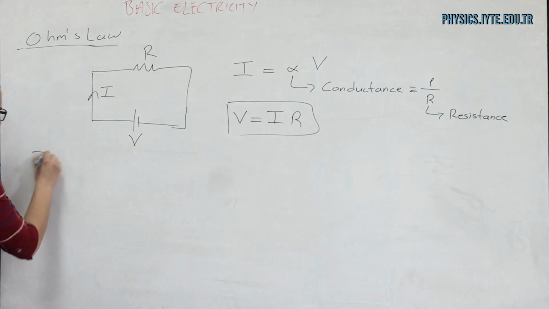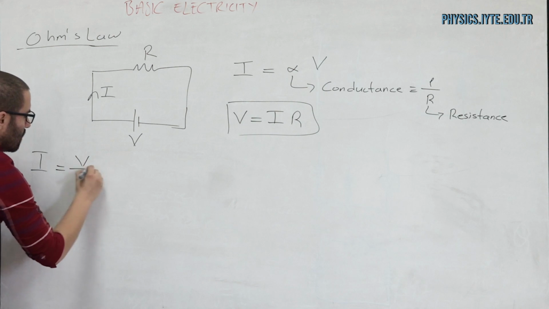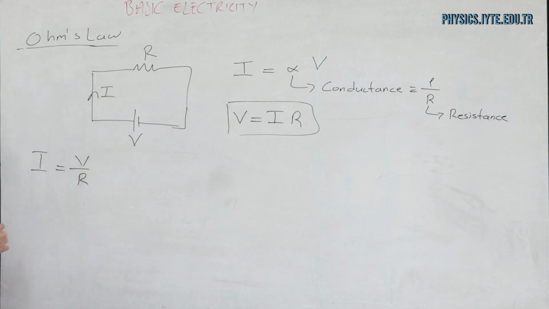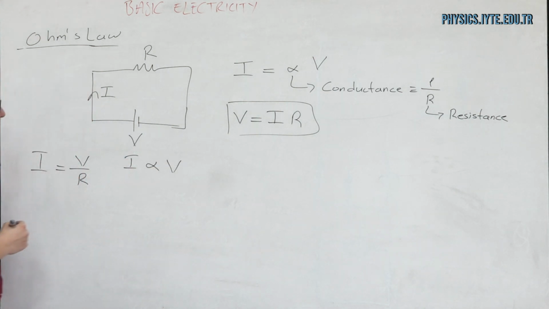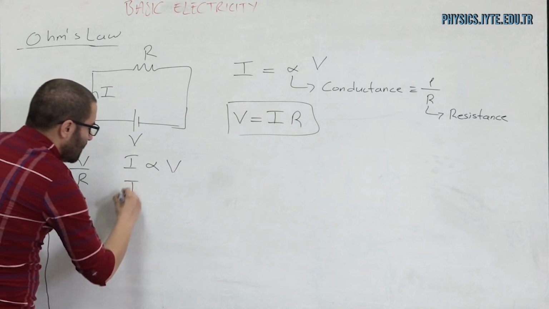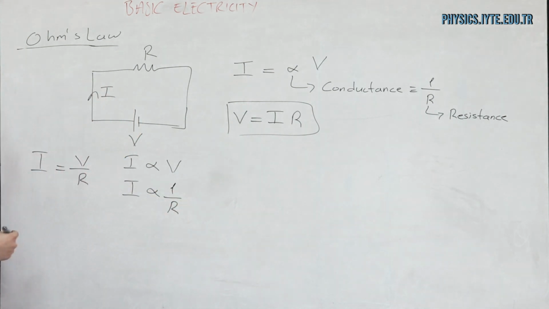Usually, writing this equation as I equals V over R, we can immediately see that the current is directly proportional to the potential, and it is inversely proportional to the resistance in the circuit.